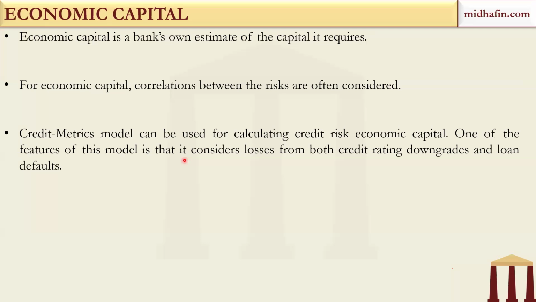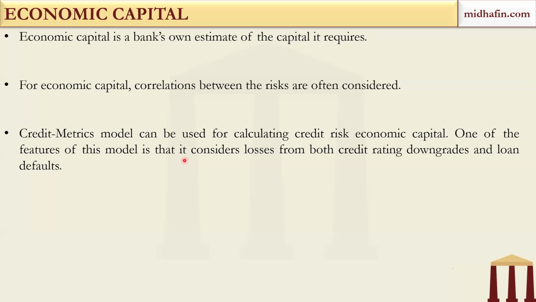So basically the probability of default is important. But now CreditMetrics extends this idea, and even a credit rating downgrade is considered a significant credit event. The probability of credit rating downgrade is also incorporated in the calculation of economic capital via this CreditMetrics approach.